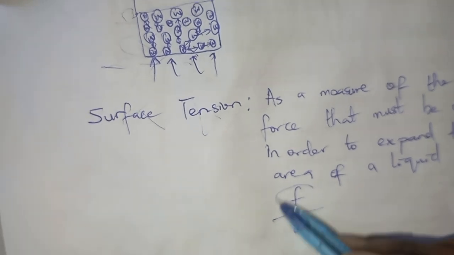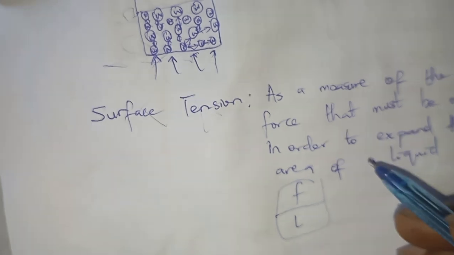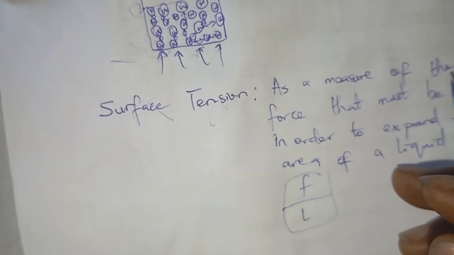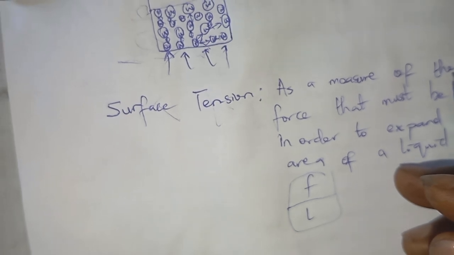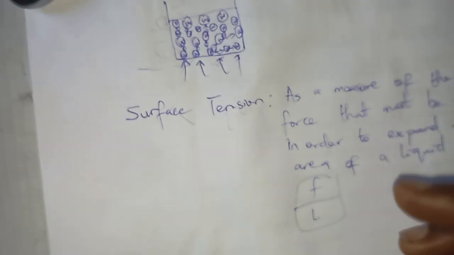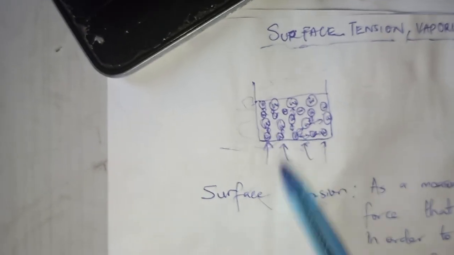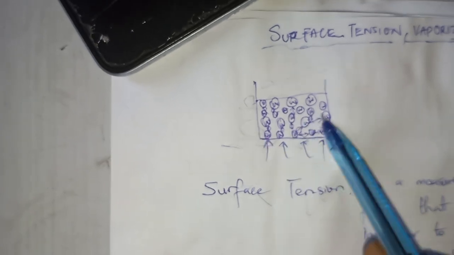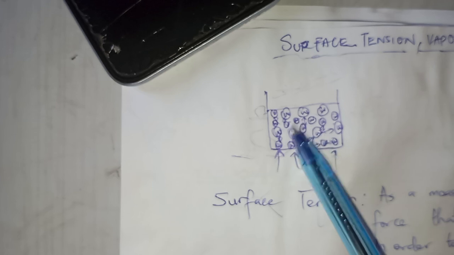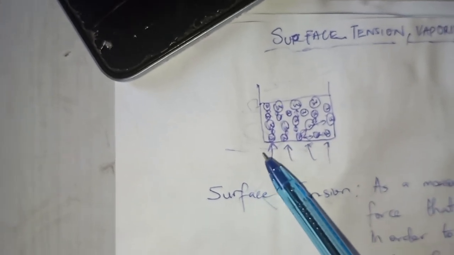So we can also define it as the force in Newtons acting parallel to the line on the liquid surface. It is temperature dependent, and surface tension decreases with increase in temperature. So as you notice, as we applied heat, those forces of attraction tend to decrease, so that this surface can be expanded.